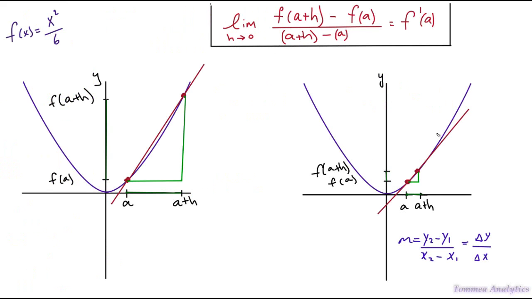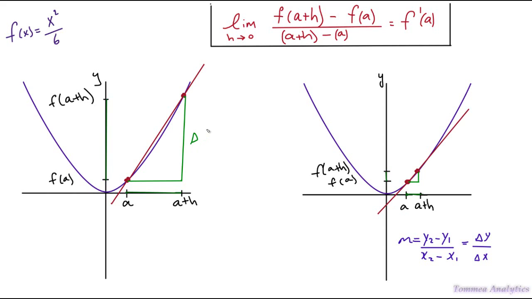Looking back at this function, if we were to shrink the distance h very close to A, so in effect we're shrinking the change in y and the change in x very close to each other, the slope of that line at the point A equals 4 is going to be 4/3. One final note on notation.